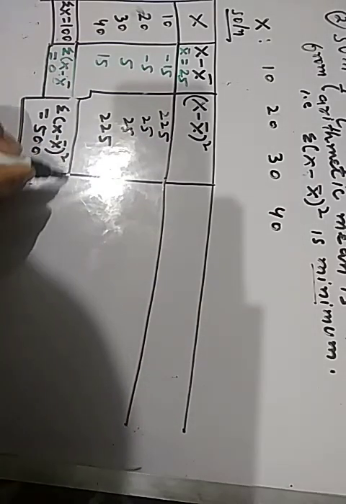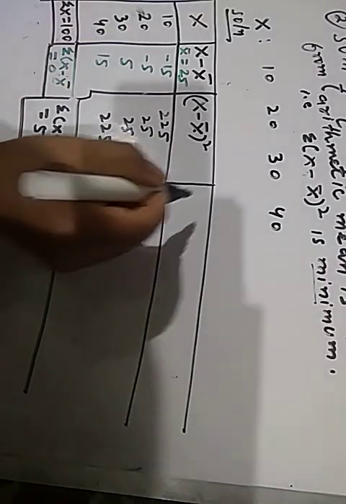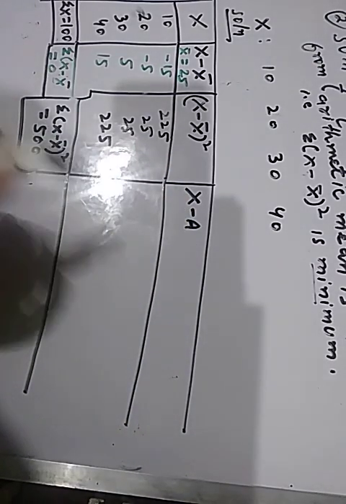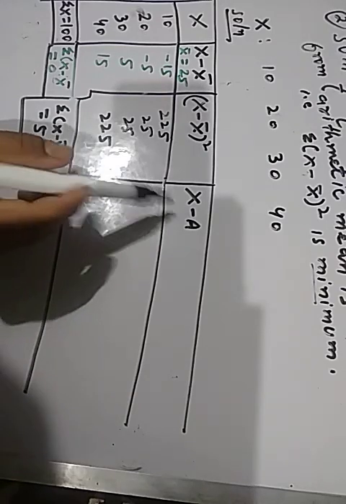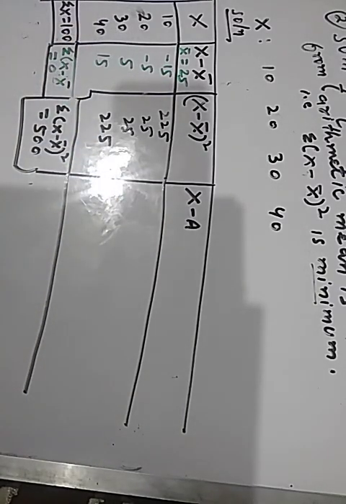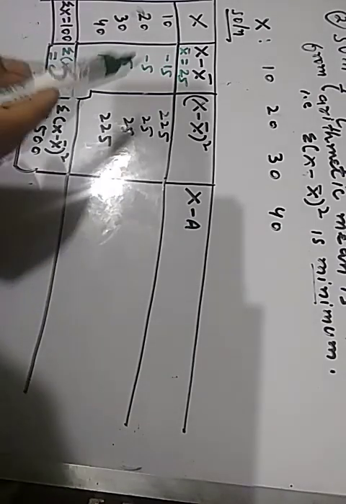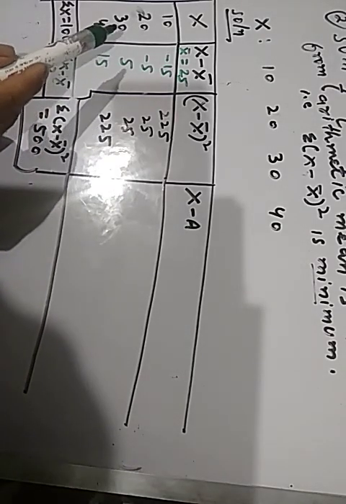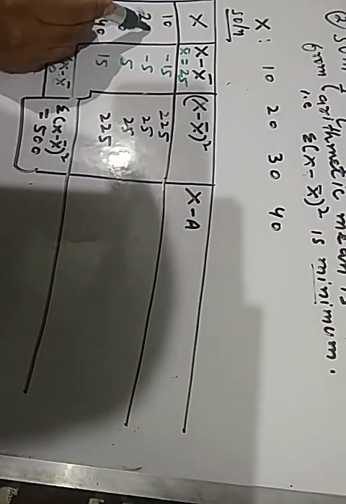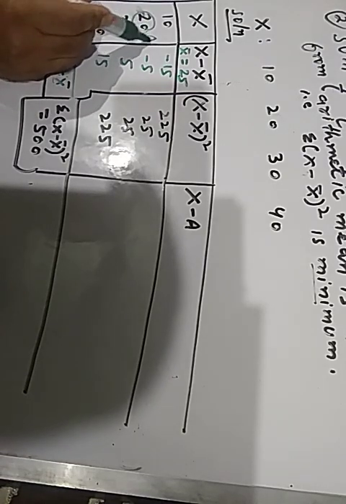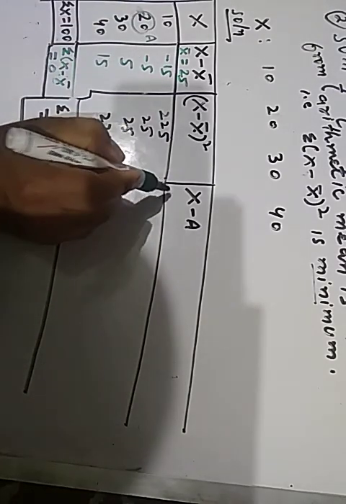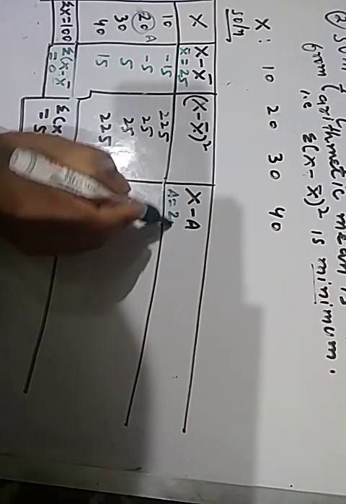Therefore, in the next column we will take x minus a, where a is assumed mean and x is a variable having different values. We can take any value as assumed mean. Suppose we take assumed mean equal to 20. A is equal to 20.